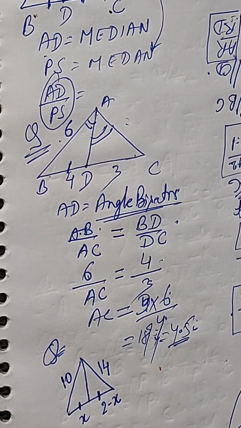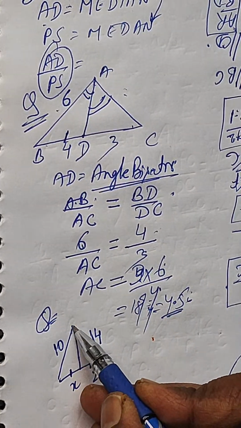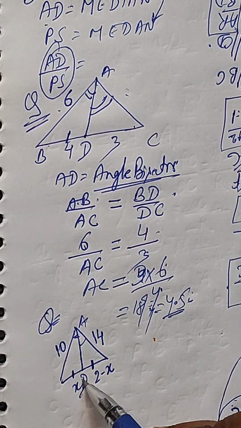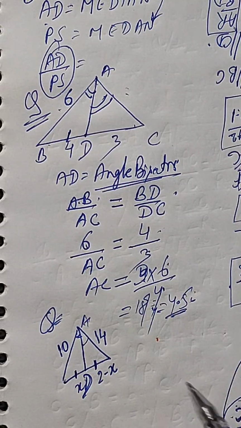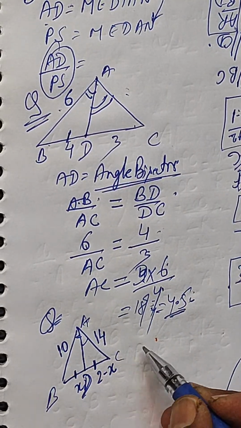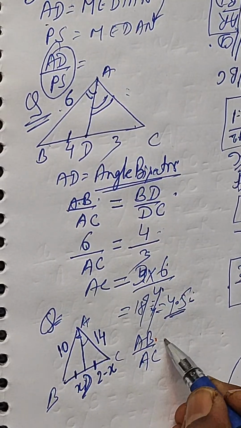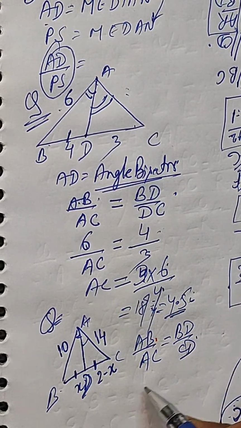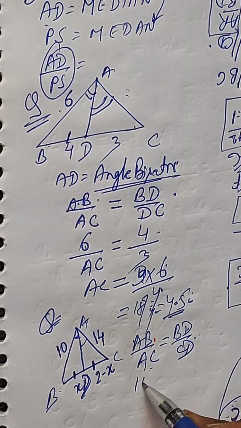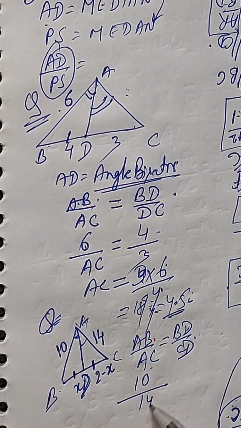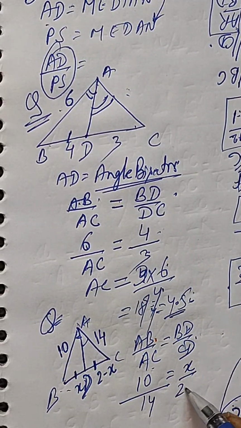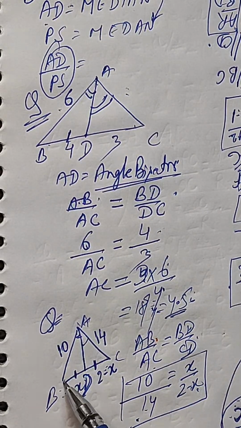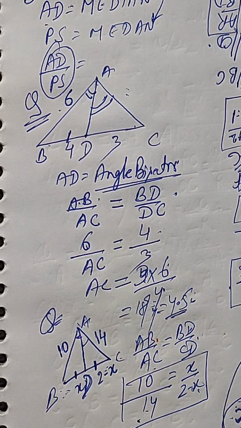In such questions we know that if angle A is bisected and AD is the angle bisector, simply use AB by AC equal to BD by CD. Just put in the values: 10 divided by 14 is equal to BD which is x, and this is 2 minus x. Just solve and get the value of x, and then you can put the value to calculate the lengths of BD and CD.